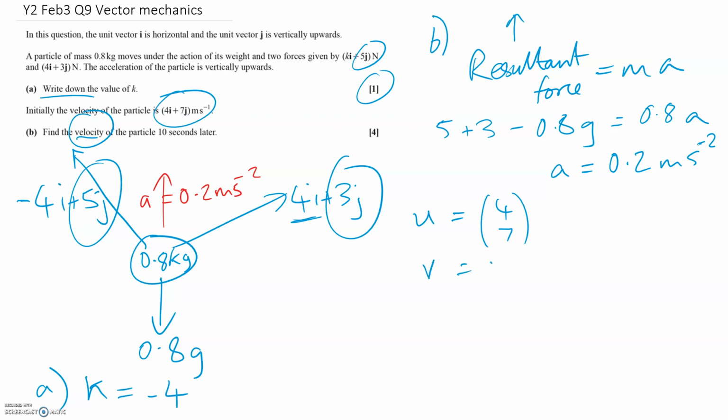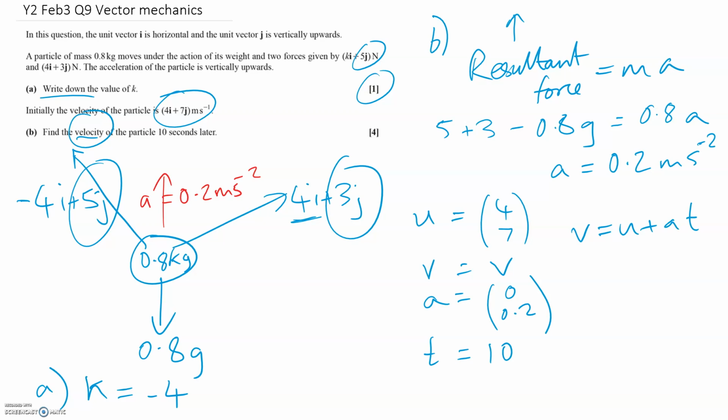The final velocity is what we're trying to find. The acceleration we know is 0.2 meters per second squared going up, so it's 0, 0.2 in vector notation, and the time isn't a vector, it's a scalar. That's 10 seconds. So the SUVAT rule connecting t, a, v and u, we can use v equals u plus at.